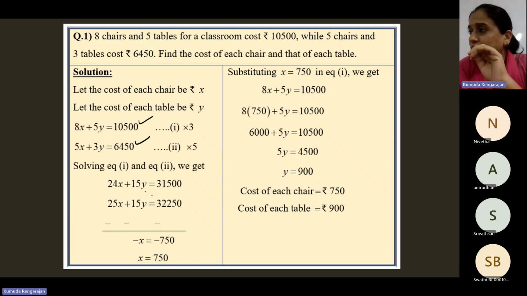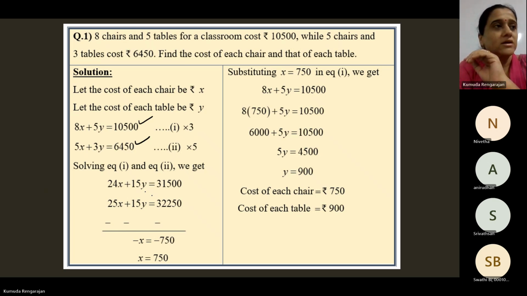When you have a pair of linear equations in 2 variables x and y, we can solve them to find the values of x and y by the elimination method. These are the different methods of solving the equations: elimination method, substitution method, and until 2021, we had the cross multiplication method, which is now not a part of your syllabus.